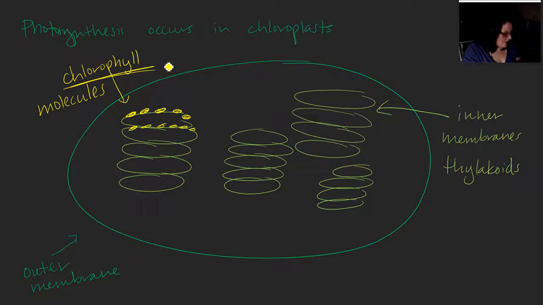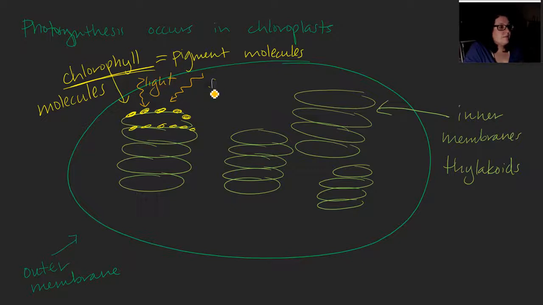Chlorophyll is the pigment that makes photosynthesis possible. It's a type of pigment. It's a color. And that's what they do. They absorb light energy to combine carbon dioxide and water to produce sugars.